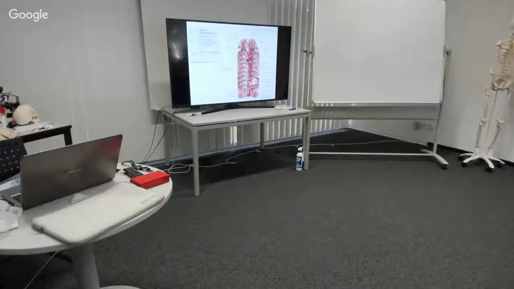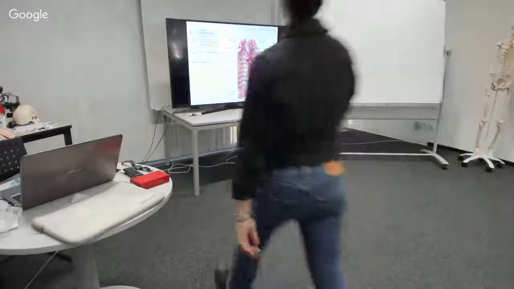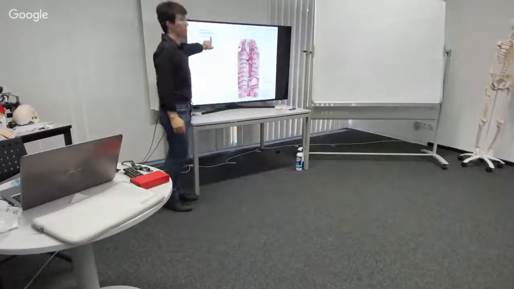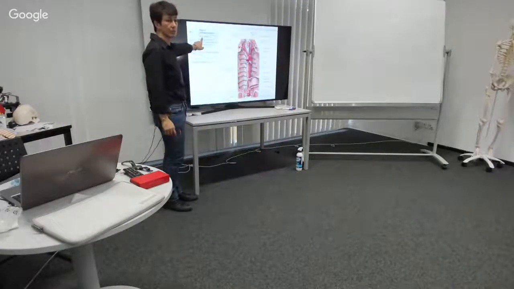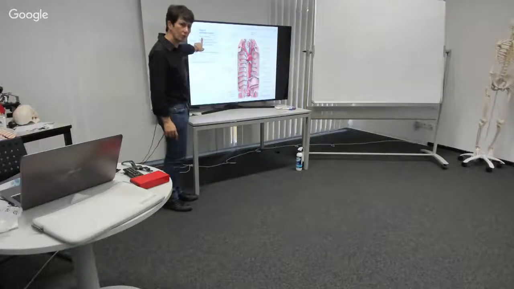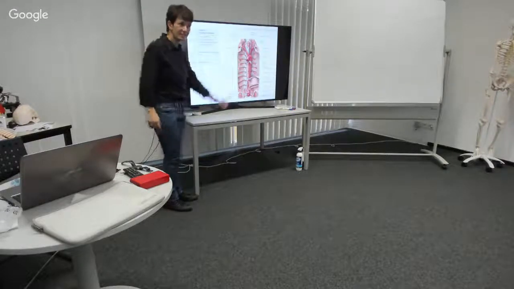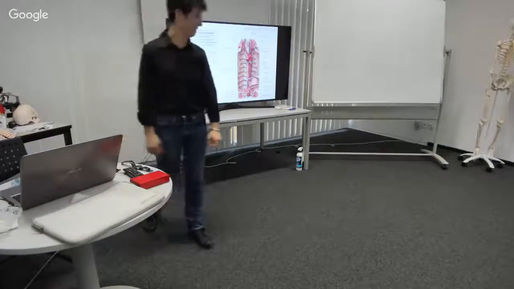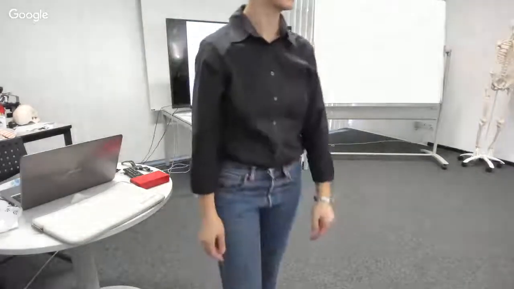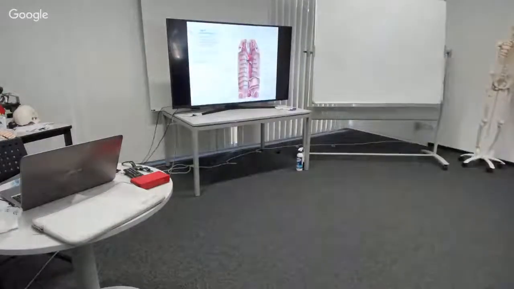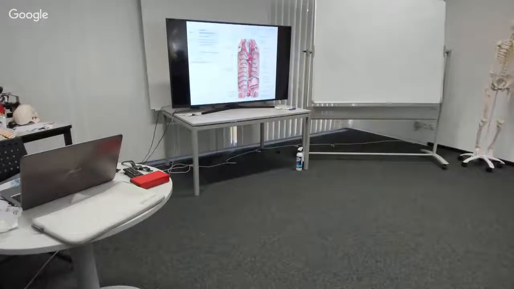Maybe you remember that at this level we have important vessels: the inferior thyroid artery, which is a branch of the thyrocervical trunk of the first tract of the subclavian artery.